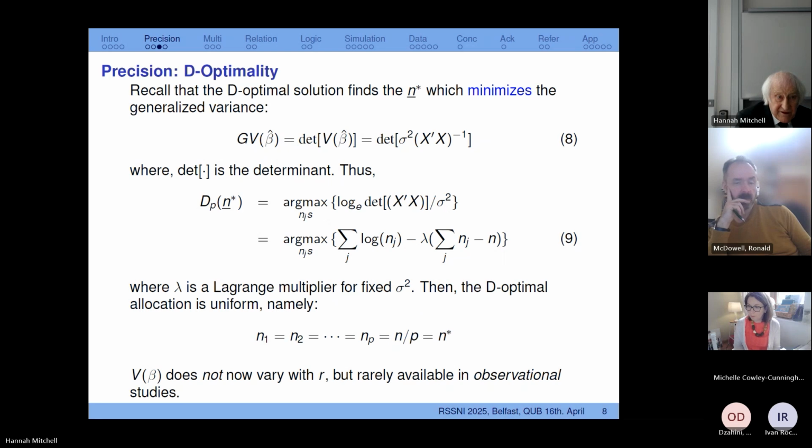Of course, the variance covariance matrix wouldn't vary with R if we had the optimal solution, that is, the n vector that minimizes the generalized variance. Well, if you go through that argument, you find that it doesn't vary when all the n's are the same and you've got a uniform distribution. But you realize that in observational studies, you don't see that. It's very unlikely that in an observational study you're going to have equal numbers in all categories, maybe in a designed experiment, but not in an observational study.